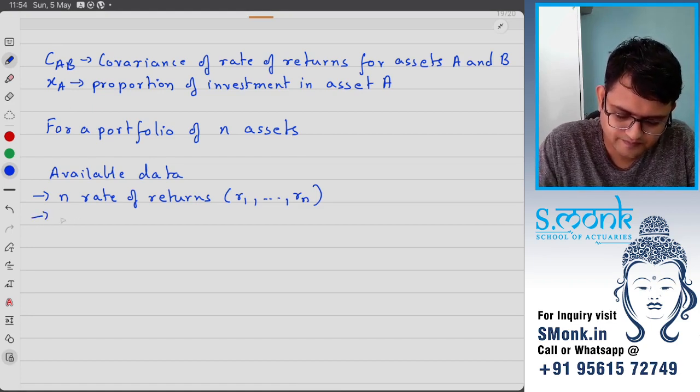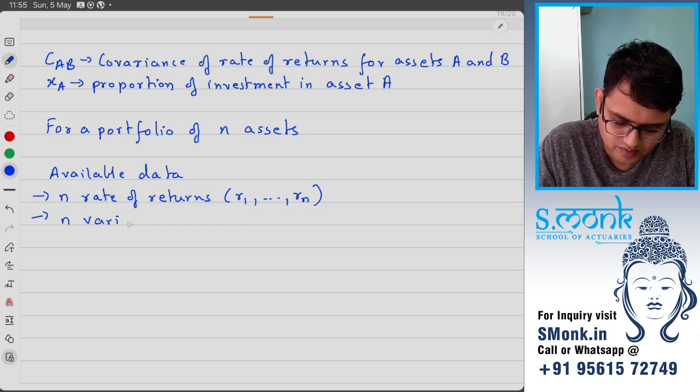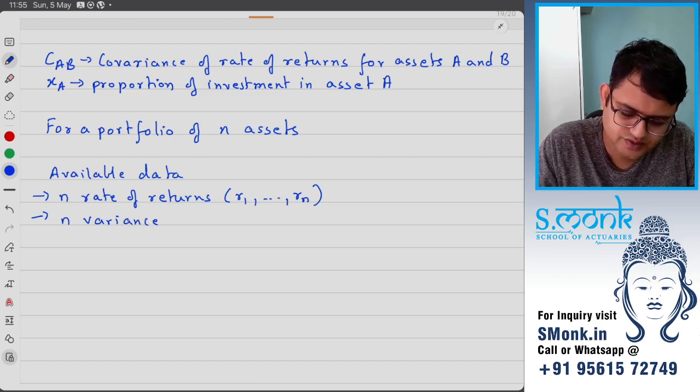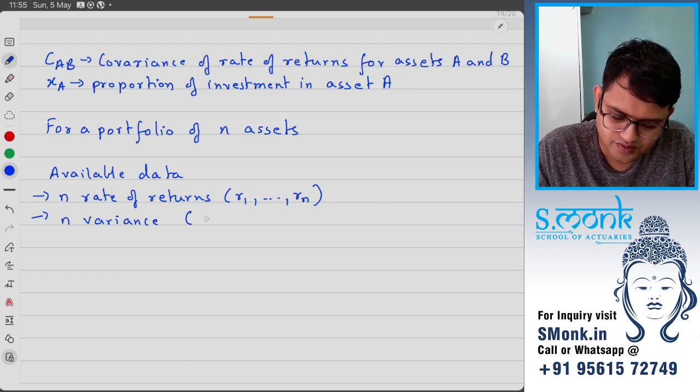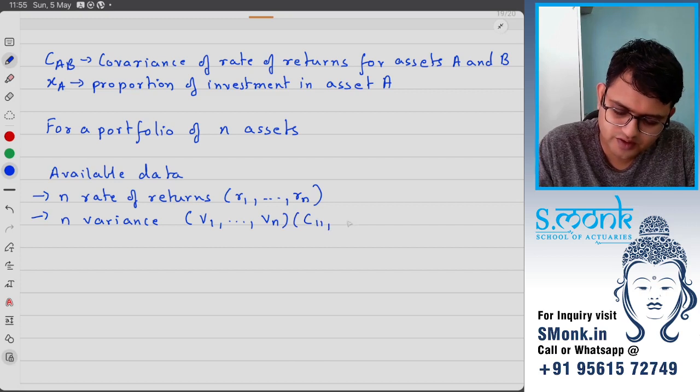Then n variances, let's say for now v1 to vn, which can also be written as c11 to cnn.